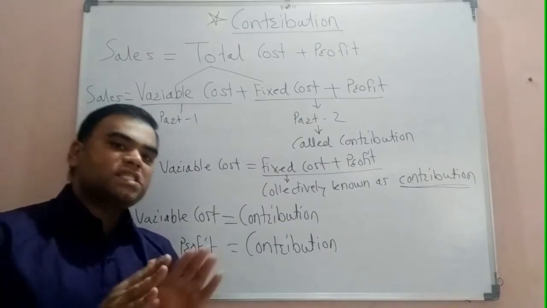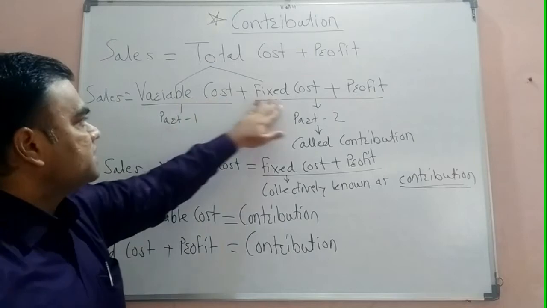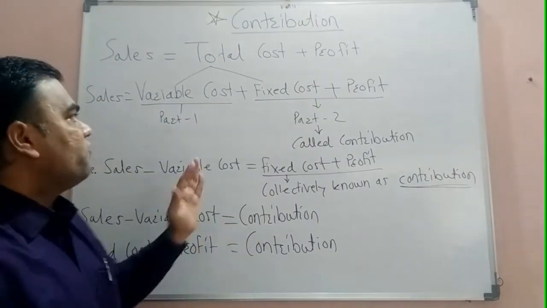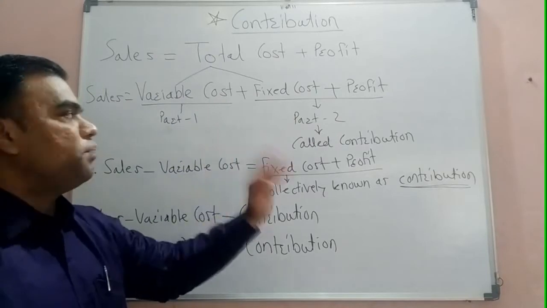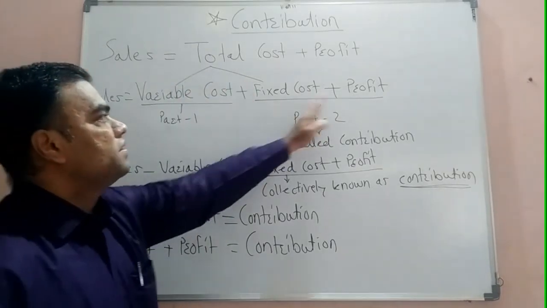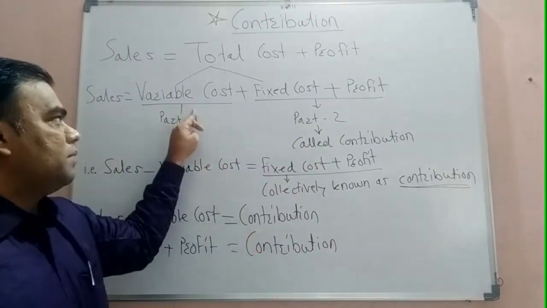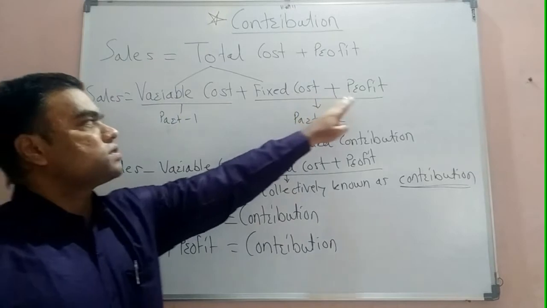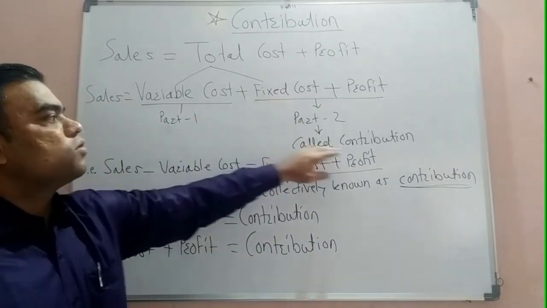If we classify these three items into two parts, the first part is variable cost and the second part is fixed cost and profit. In the first part variable cost, in the second part fixed cost and profit. That second part is known as contribution.